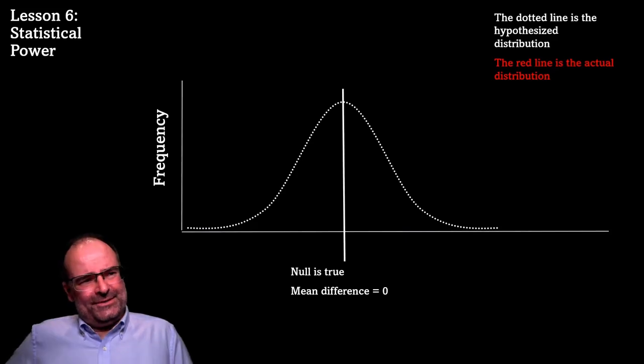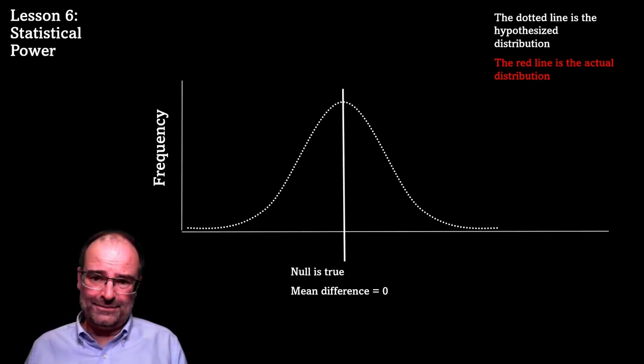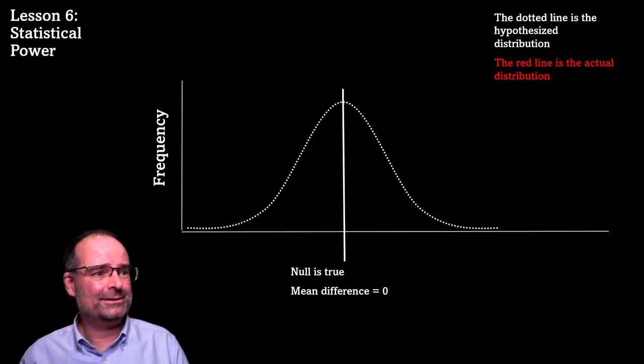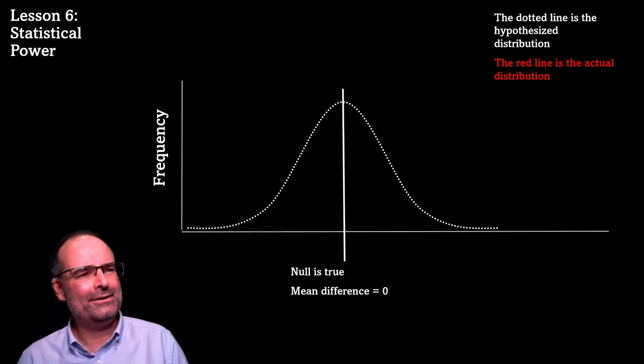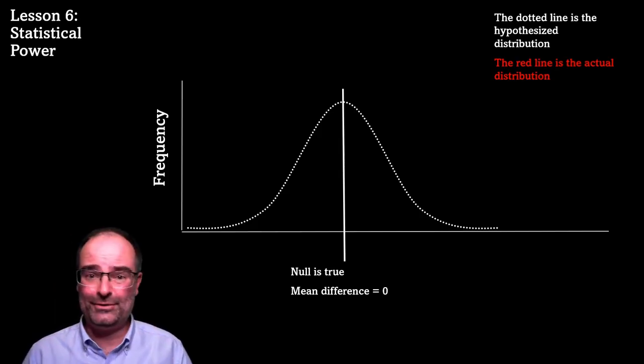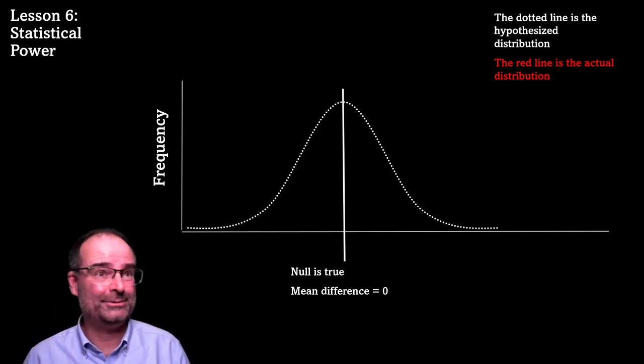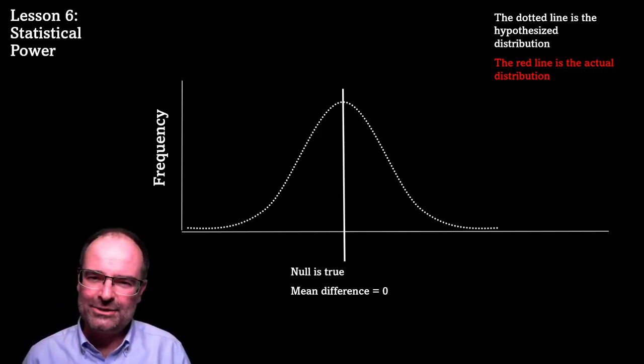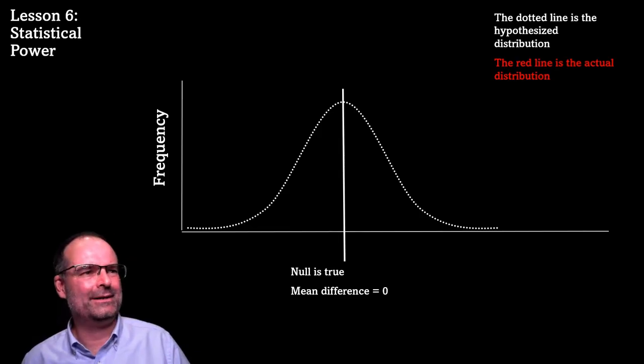I'm going to move now exclusively to these curve type distributions, but they're much the same. They're sampling distributions. And I'm going to use dotted lines for hypothesized null distributions and red lines for the actual distributions, which is something I haven't mentioned up until now.